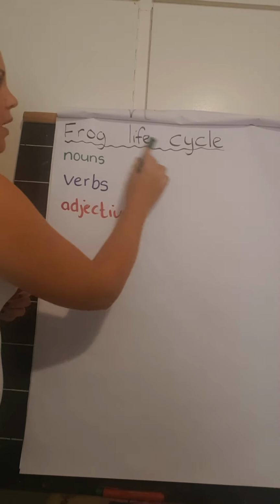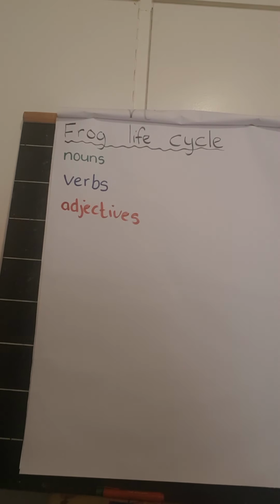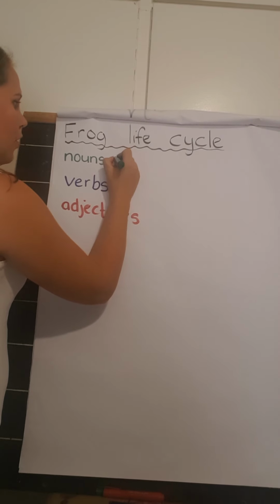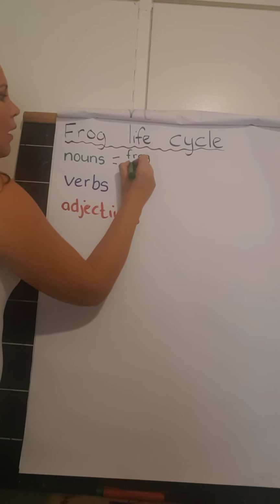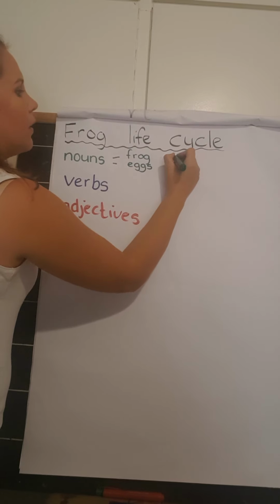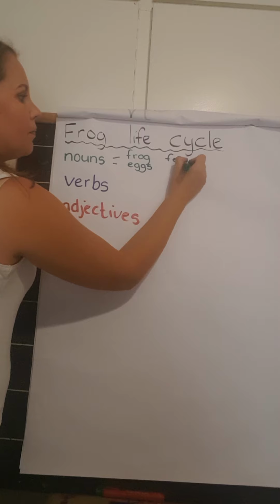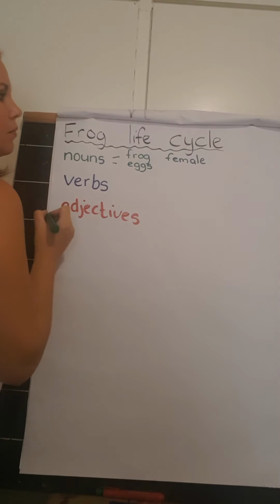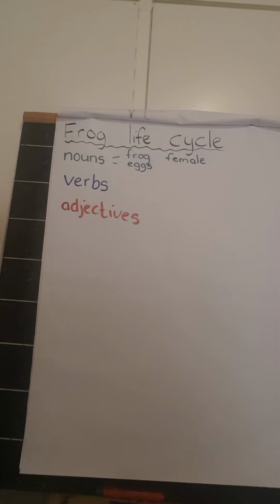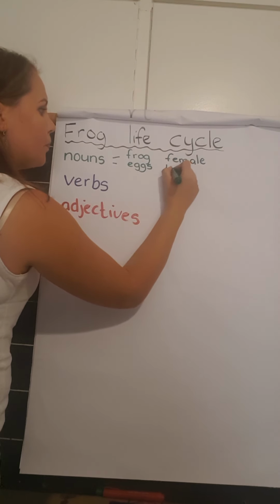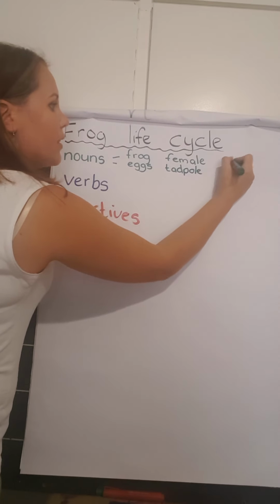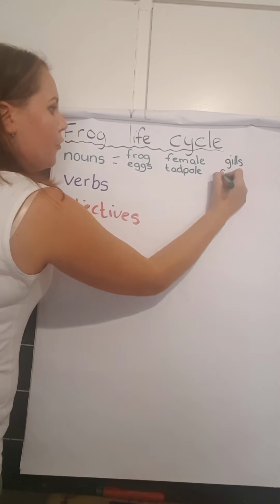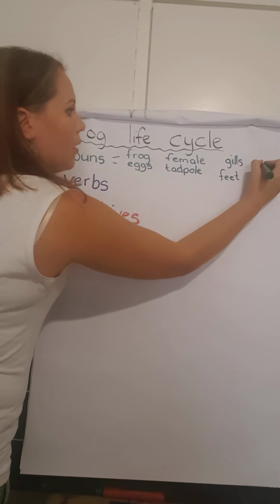If we speak about the life cycle of the frog, we know that some of the nouns of the life cycle of the frog would be frog, egg or eggs, female, another noun could be tadpole, gills, feet, tail.